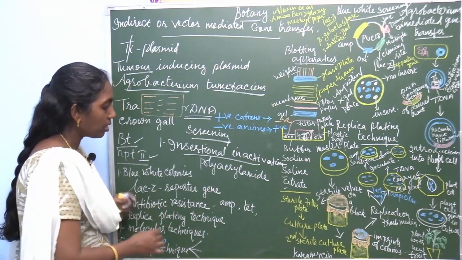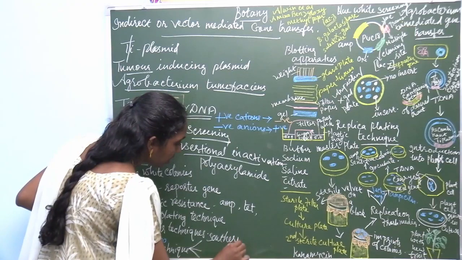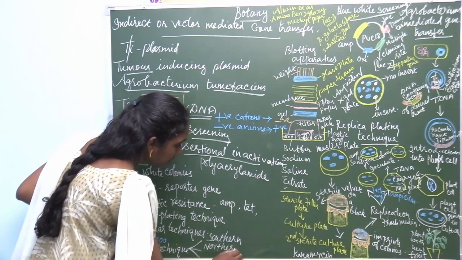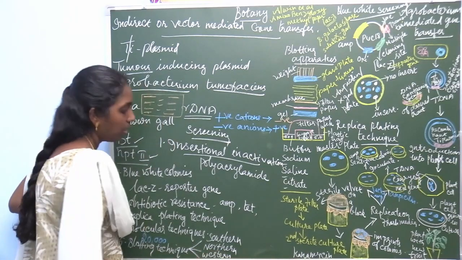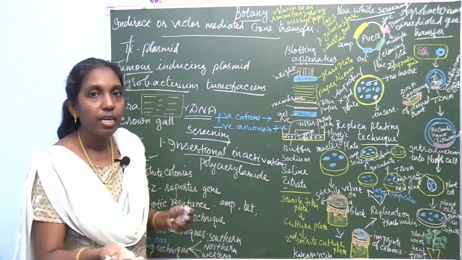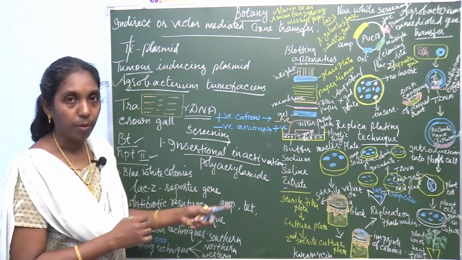Based on this, there are 3 different types: Southern blotting, Northern blotting and Western blotting. Southern blotting is the transfer of DNA from agarose gel to blotting paper, that is nitrocellulose paper.